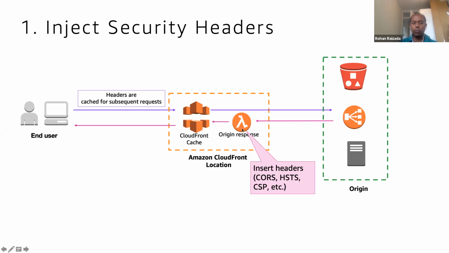Once we have added these headers, we cache the response along with the headers. Then on the subsequent request, we serve the cached object along with those added headers, which we just inserted in the origin response. So that's just one example use case of where you can use Lambda Edge.